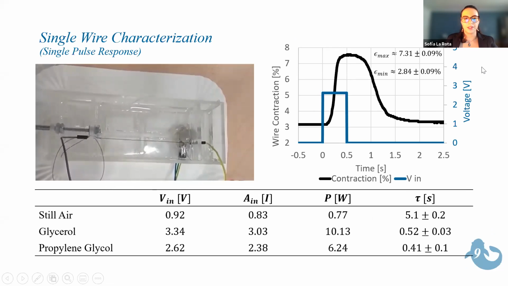In order to model this, several cooling media were tested and compared. In this case, propylene glycol was deemed to have a sufficiently fast response and decent voltage and current draw.